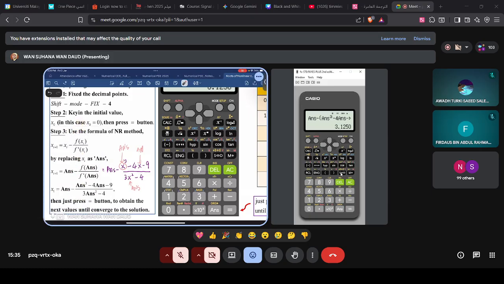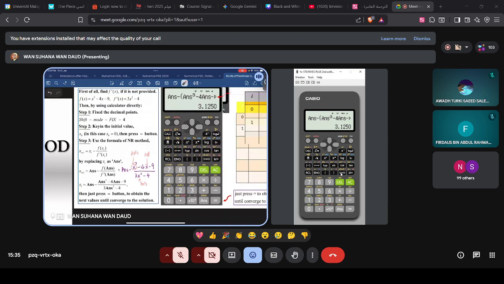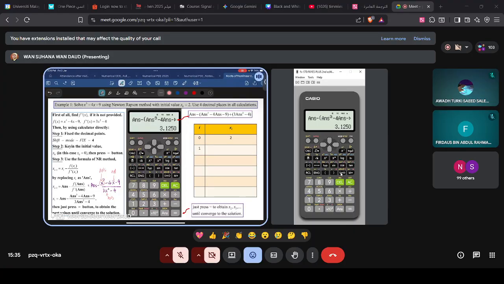You get 3.1250. Then you just press equal. You get 2.7685.